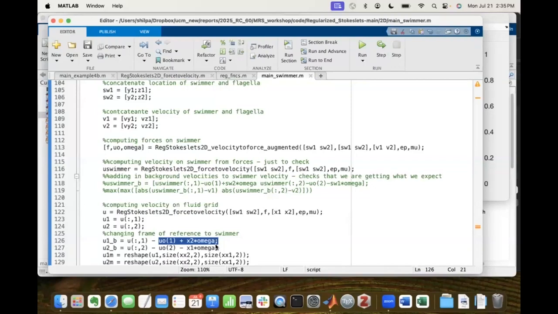Is it still a good approach to use the same blob function and discretize the boundary and just put it in the differential equation, to imitate the swimmer? Yeah, I think it depends on the problem you're solving.